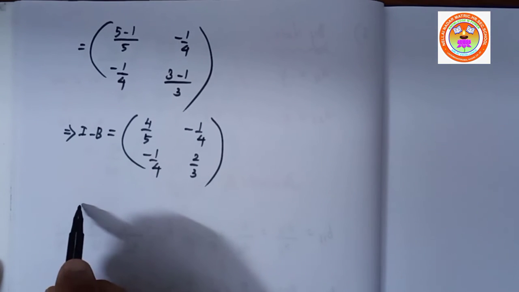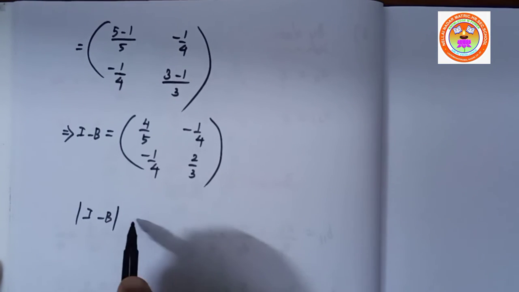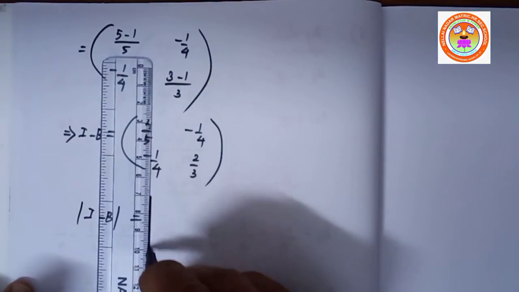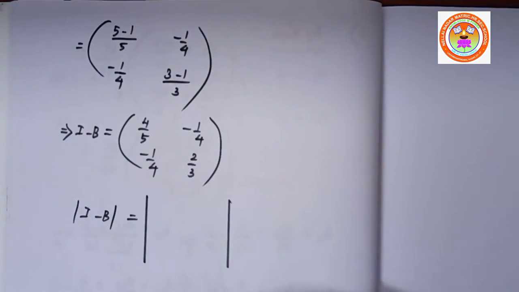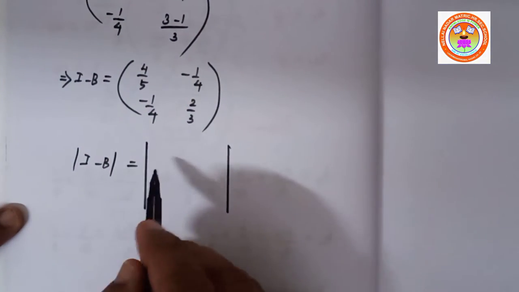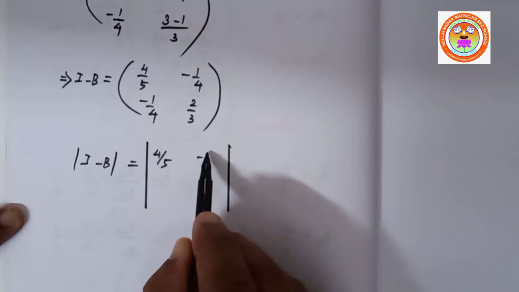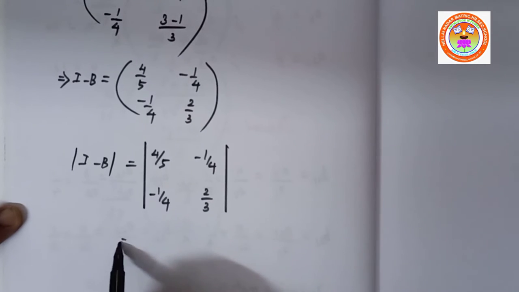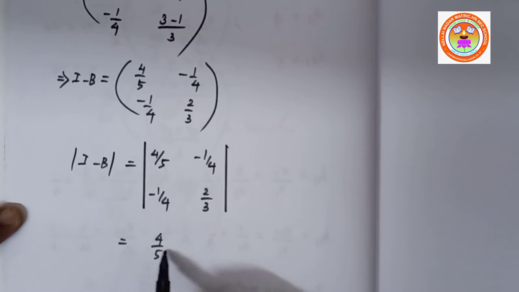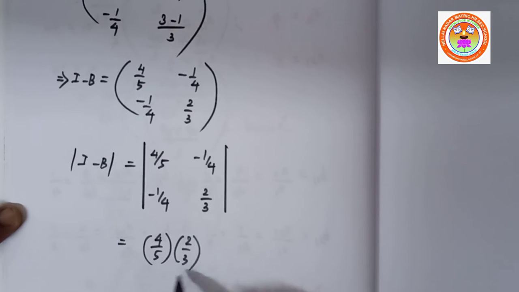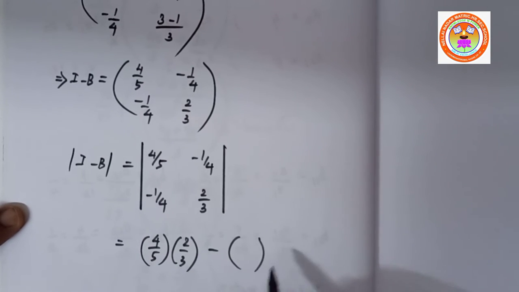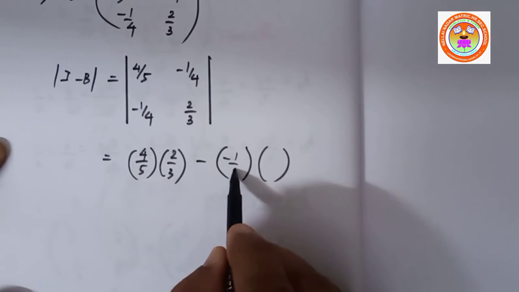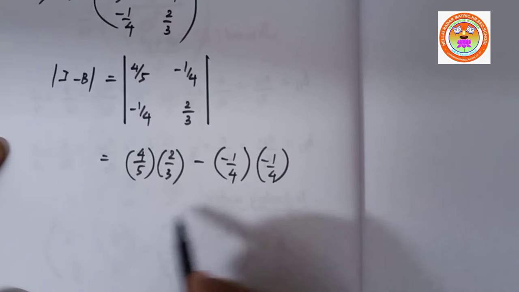After that, you have to find out the determinant of I minus B, that is equal to the determinant of I minus B elements 4 by 5, minus 1 by 4, again minus 1 by 4, 2 by 3. Multiply these two, 4 by 5 into 2 by 3, minus the product of the non-leading diagonal elements, minus 1 by 4, again minus 1 by 4.